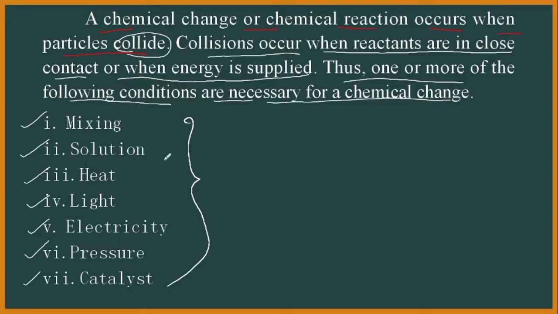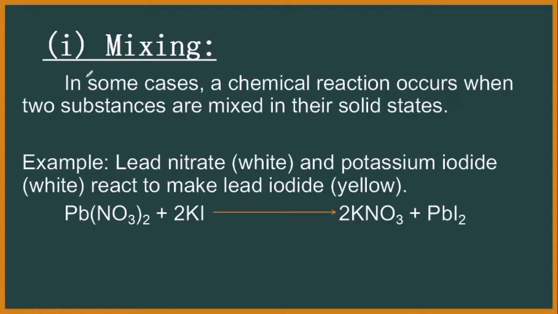Now let us discuss these points one by one in brief. The first condition is mixing. In some cases a chemical reaction occurs when two substances are mixed in the solid state. Can you give an example? Already it is on the screen.